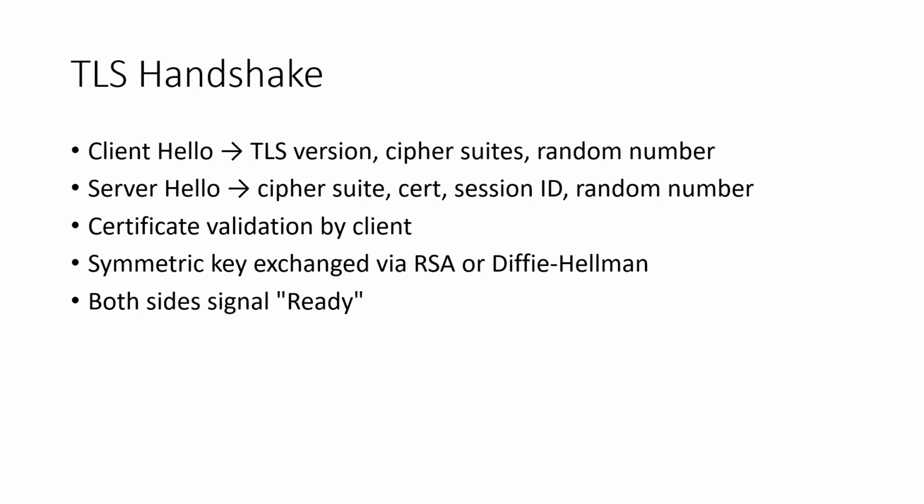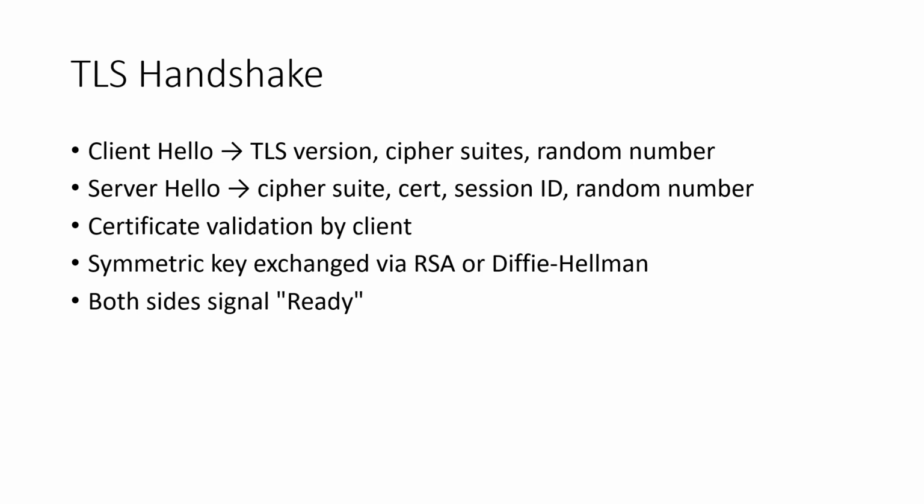The client then validates the server's certificate, typically using a certificate authority. If valid, the handshake continues. Now, a symmetric key needs to be exchanged. This can happen through RSA encryption, where the client encrypts a pre-master secret with the server's public key, or through Diffie-Hellman exchange.